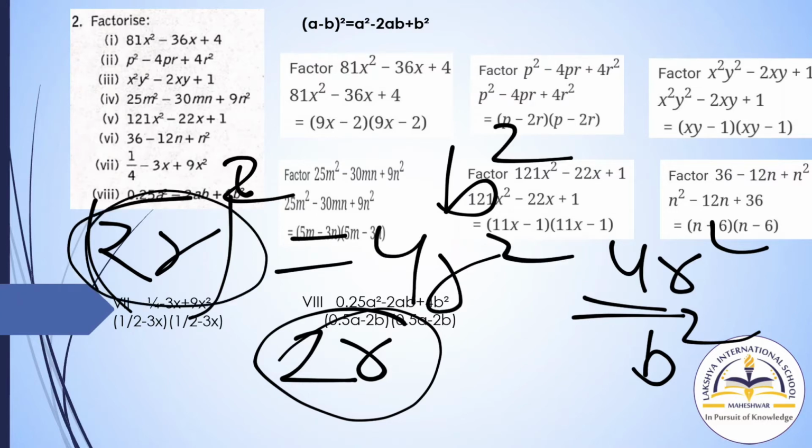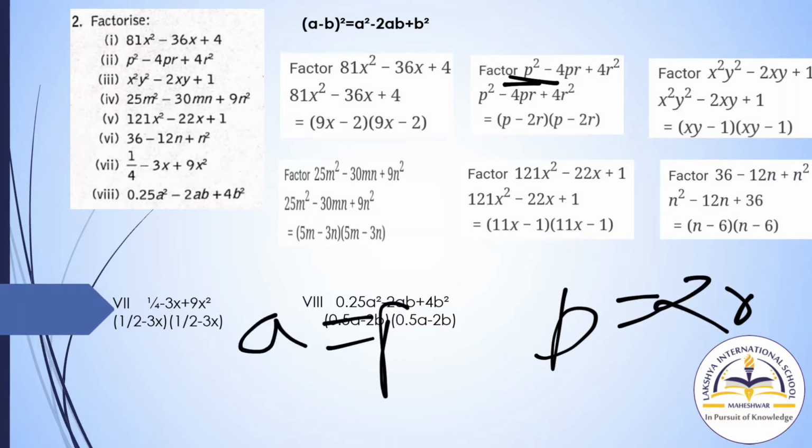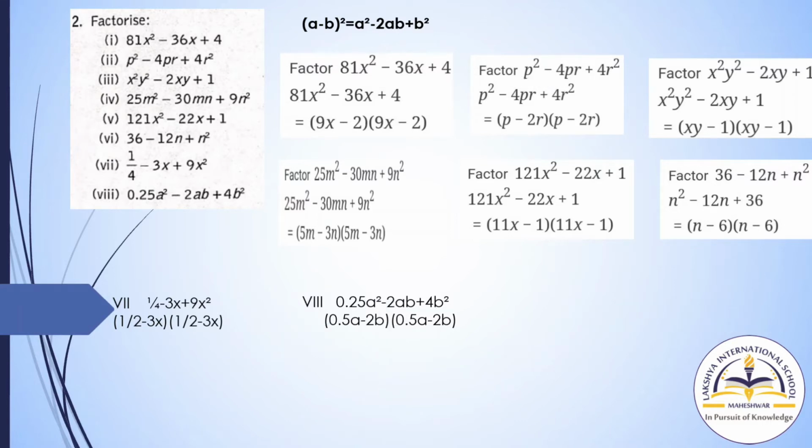It means 2r will be the value of b. So b equals 2r. Now a would be p. So a equals p and b equals 2r. It means the terms will be (p minus 2r) and (p minus 2r).